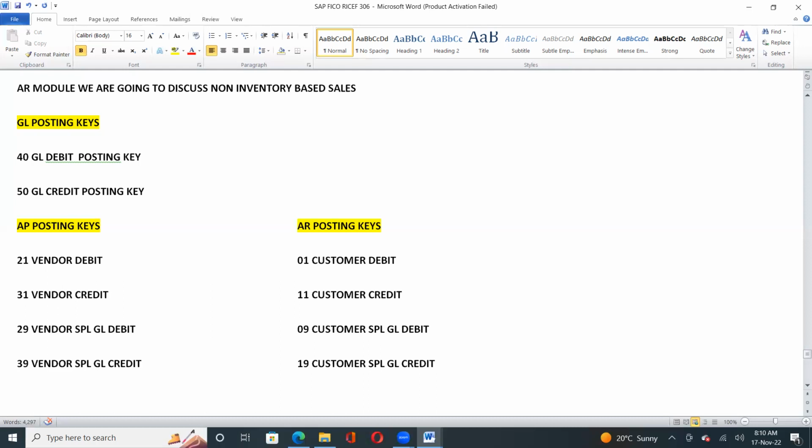So here, for example, vendor invoice. If we have received, we have taken services from a vendor, for example, vendor invoice.